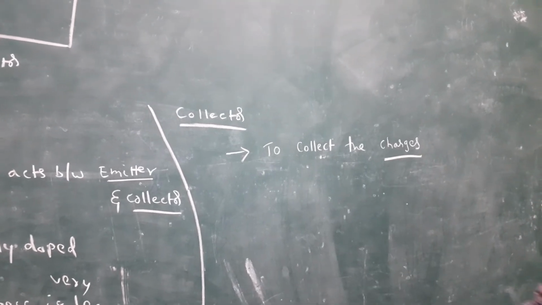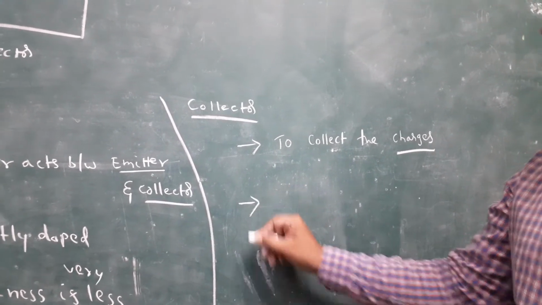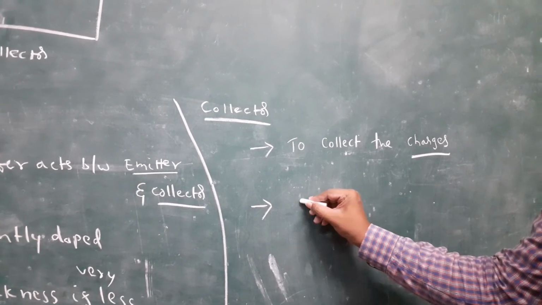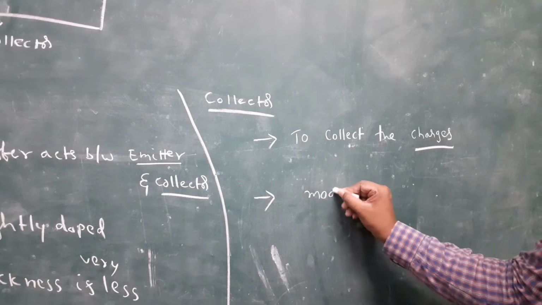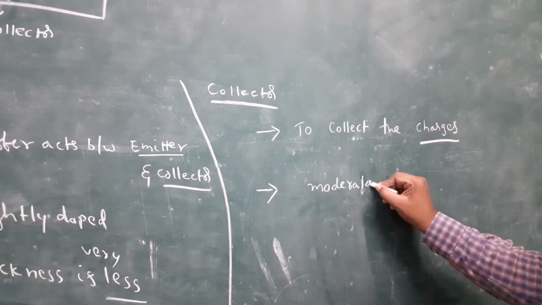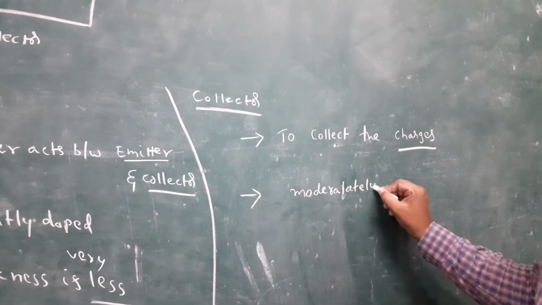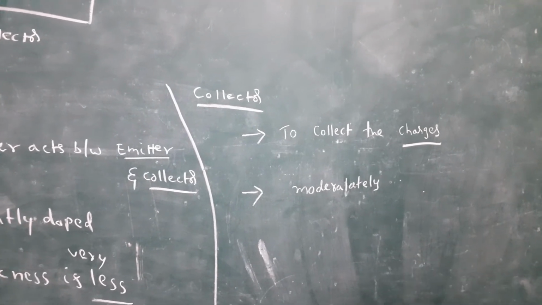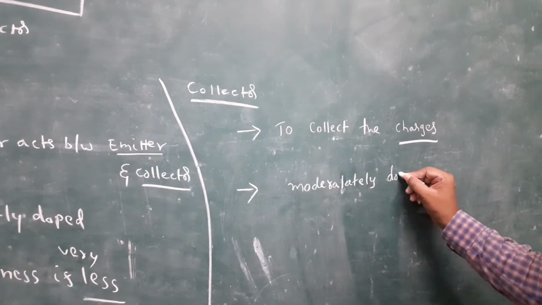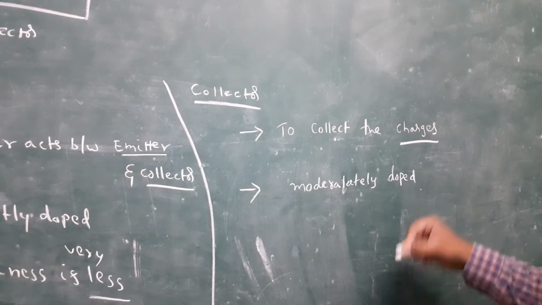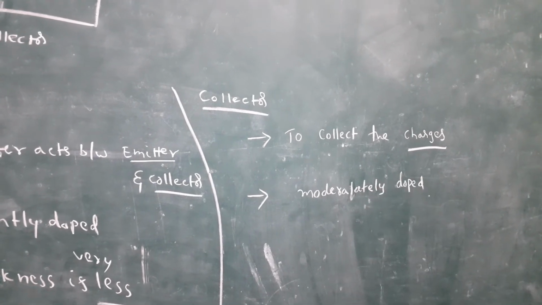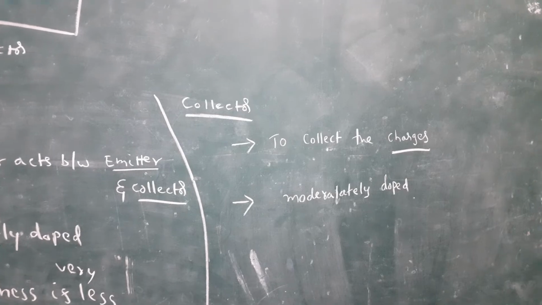To collect the charges, it is moderately doped. Which is heavily doped? Emitter is heavily doped. Which is lightly doped? Base is lightly doped. Which is moderately doped? Moderate means compared to base it is heavily doped, compared to emitter it is lightly doped.